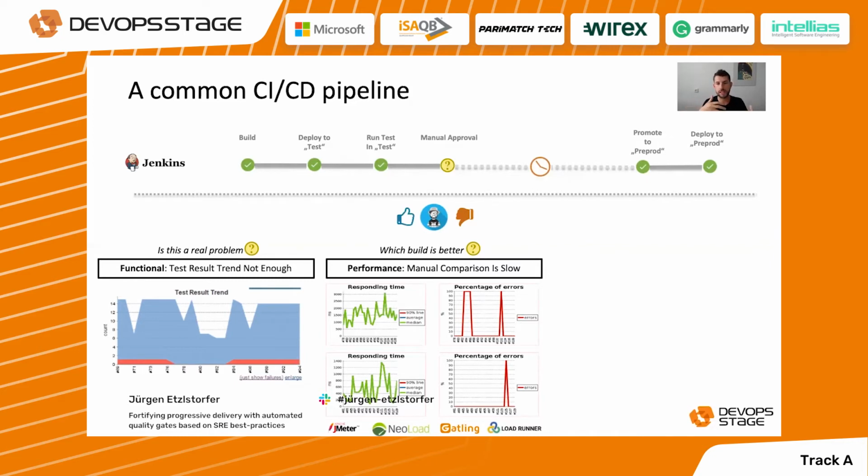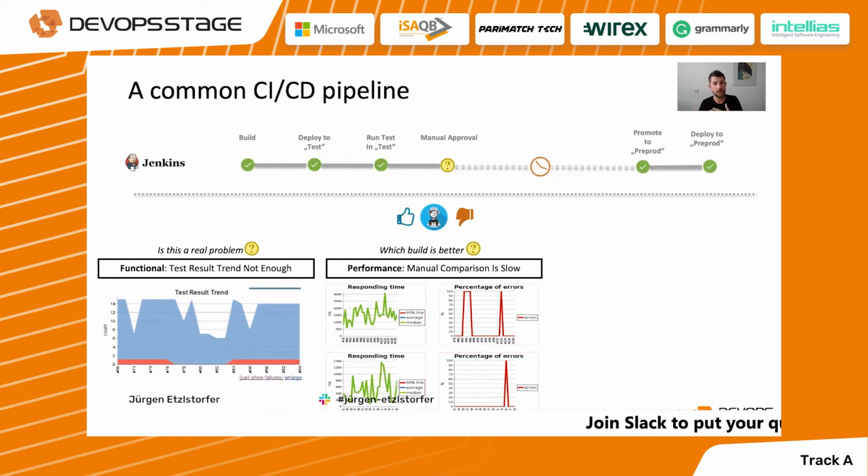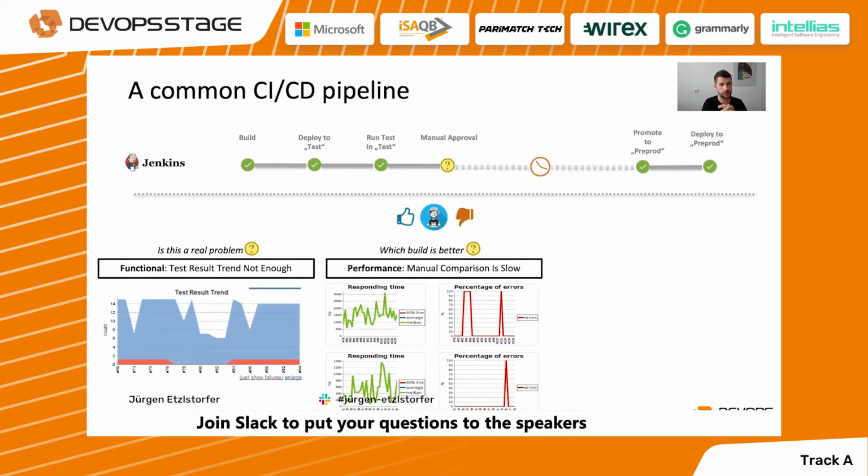So we are running a performance test for a couple of minutes or hours. Afterwards, we need to find out what the performance is compared to the previous run or previous runs. Is there any regression? Is there any difference that I have to take care of in my decision process?